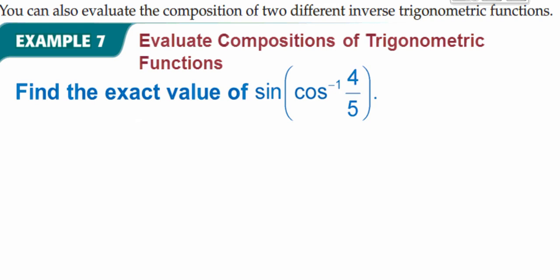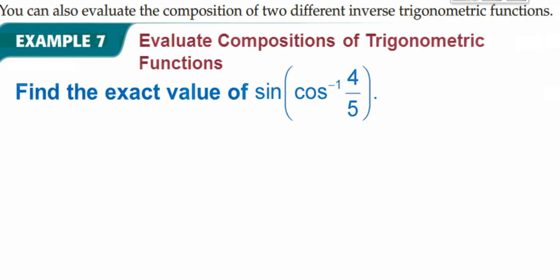Now, what's different about this one? Right, they're not the same trig functions, so I can't even do this, inverse of the whatever. And I'm asked to find an exact value. Is 4/5 on our table anywhere? No. So it's not on our table, but there's a way for us to do this.